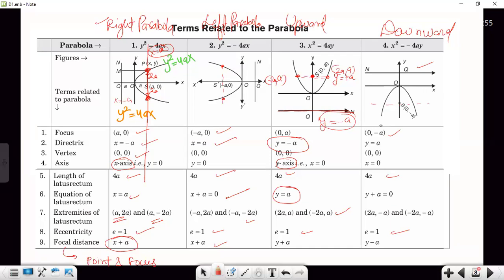Now let's talk about the general equation of a parabola.